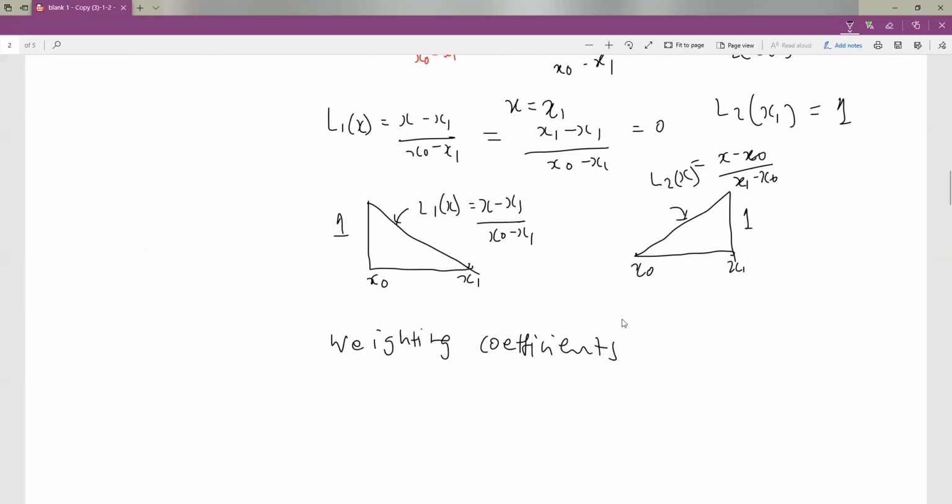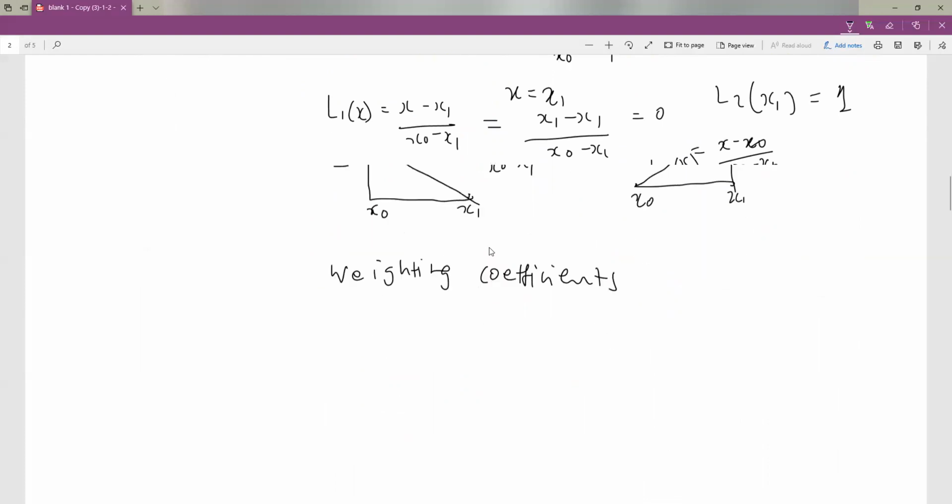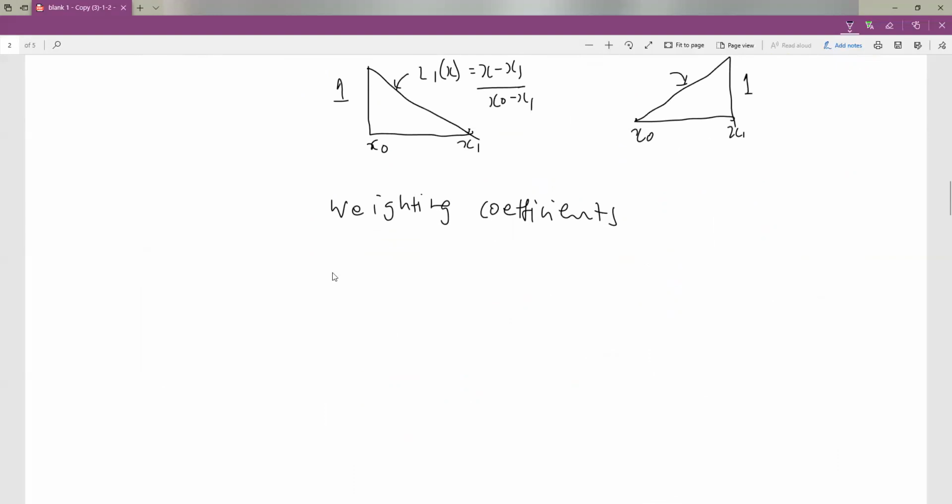I'm writing the same formula in a slightly different version, that is f(x) = L1 f(x1) + L2 f(x2).